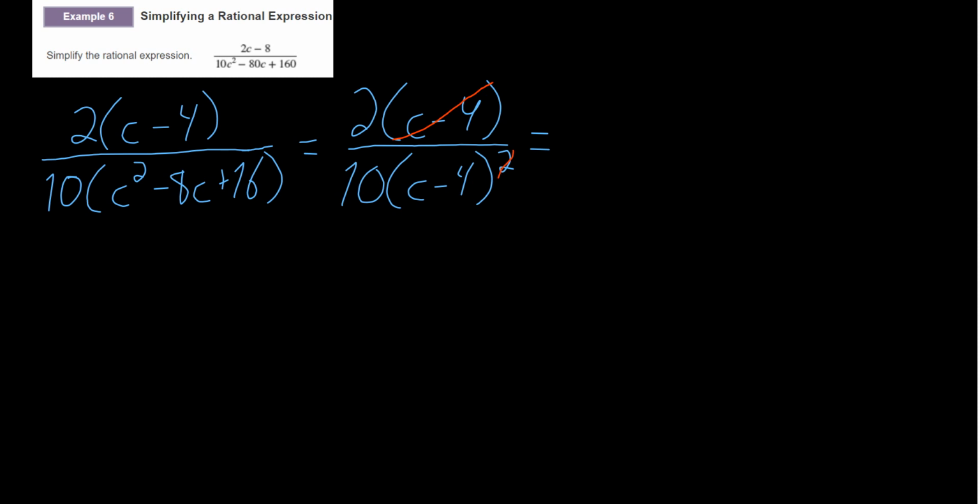So this is going to be a 1/5, and then what remained was a c minus 4. And that actually wasn't so bad. It looked a little scary to begin with, but it wasn't too bad.